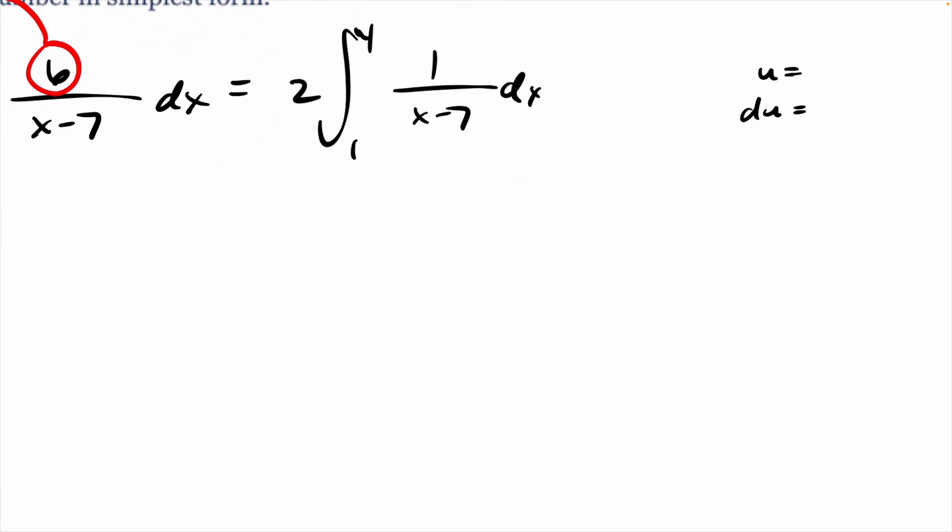Natural log of u for x minus 7. It would be x minus 7, right? It would be this guy right here, x minus 7. So that's 1 dx divide by 1. 1 du equals dx. Move it back in.